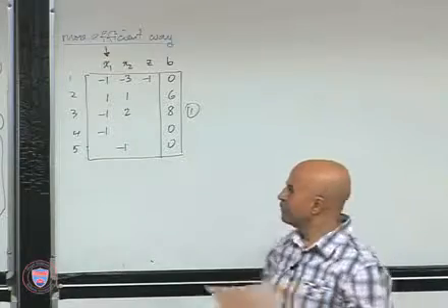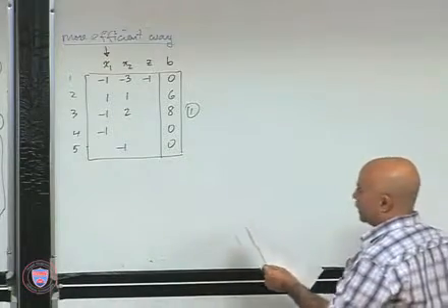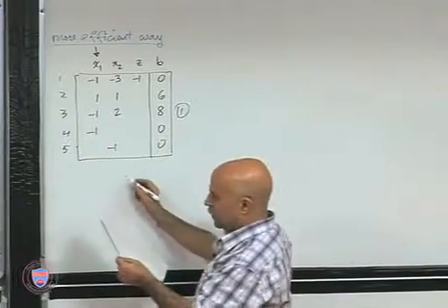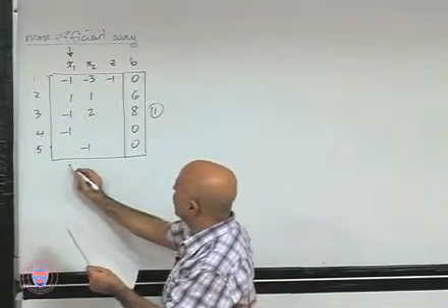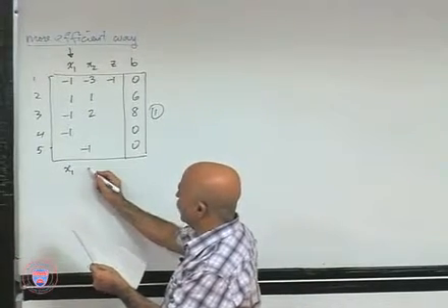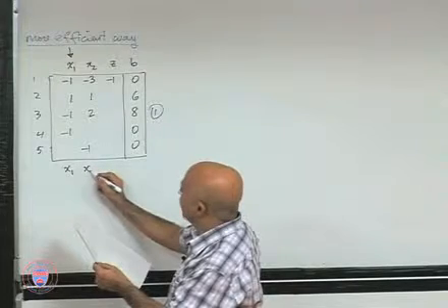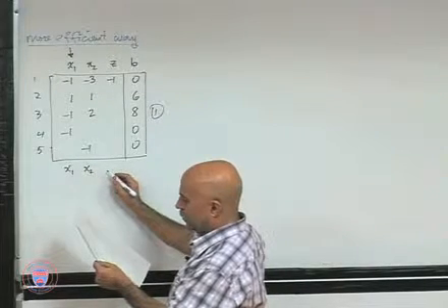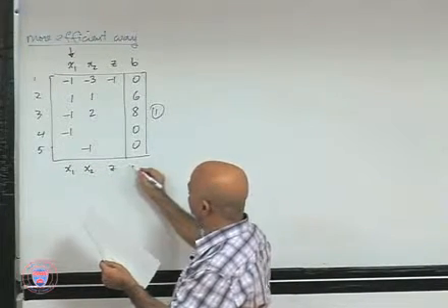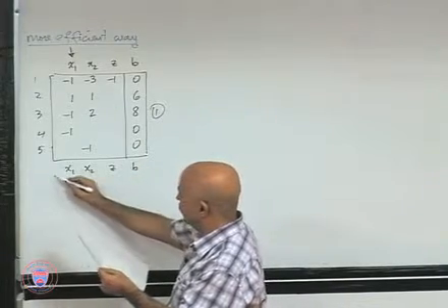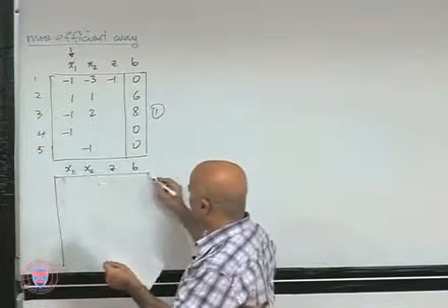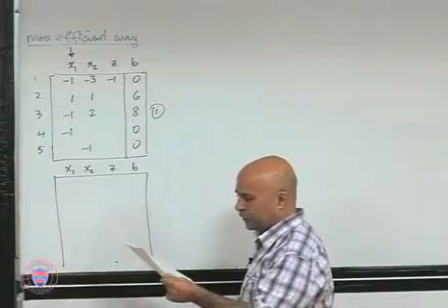Okay? In the second system, after the elimination, I'm going to have zeros for x1, something else for x2 and z, and the right-hand side. So this is what we're going to have.